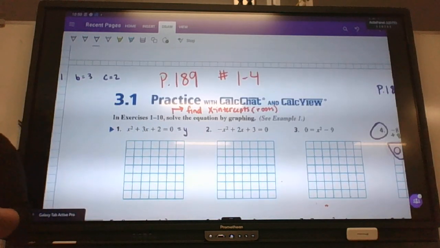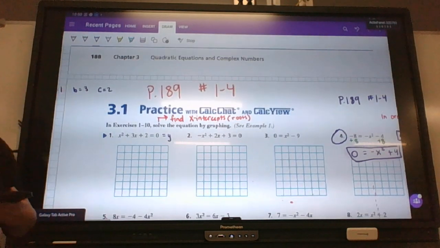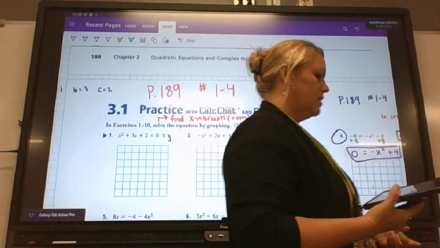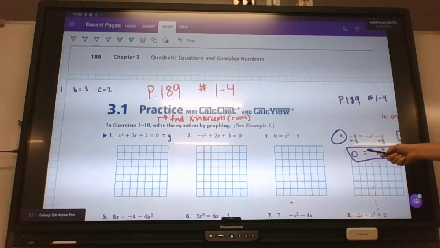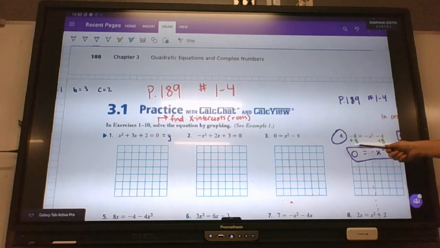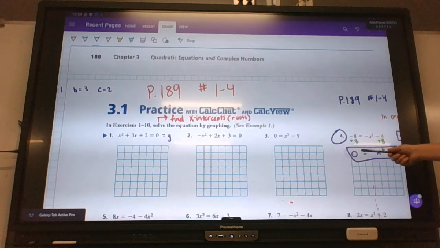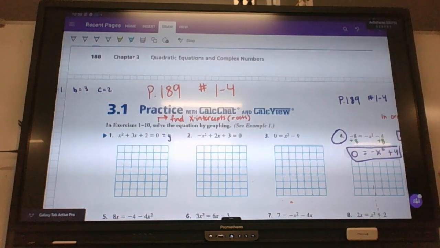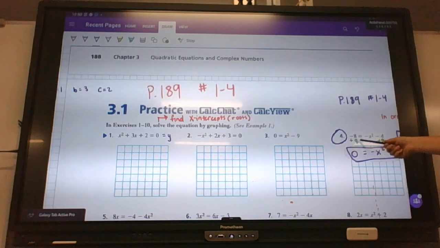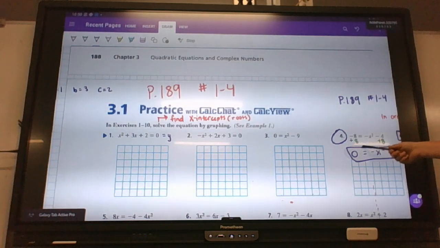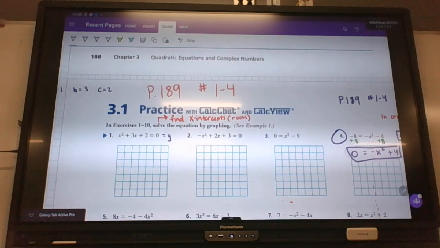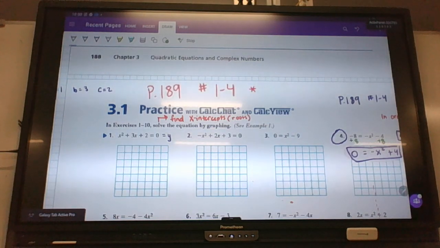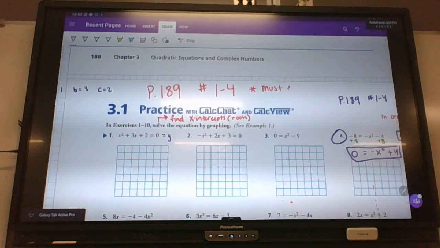So actually, since you brought it up, when you look at number 4, there's a problem. Number 4 is not equal to 0. What do you think we should do, Kenny? Number 4 doesn't have the 0 like the other 3. You add the 8. So make it equal 0, okay? So since this has been brought up, let's go ahead and make a note.